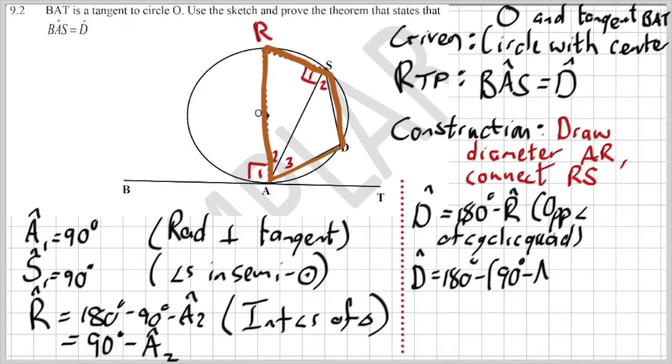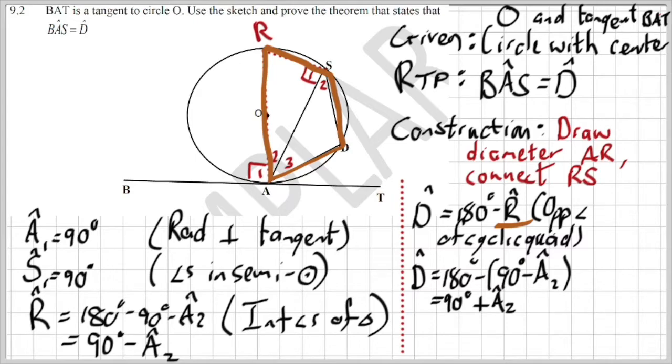So angle D is 180 minus (90 minus A2), because we got R to be 90 minus A2. Simplifying, a minus times a minus is a plus, so angle D is actually 90 plus A2.